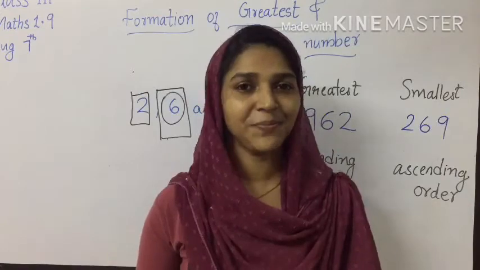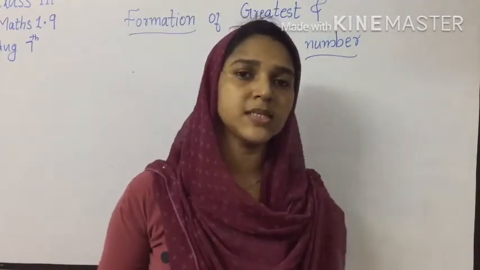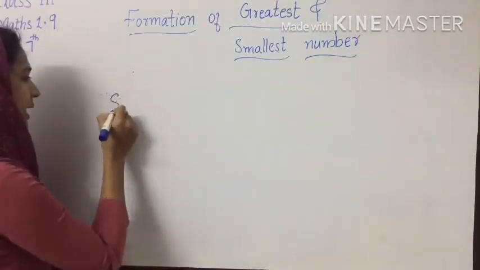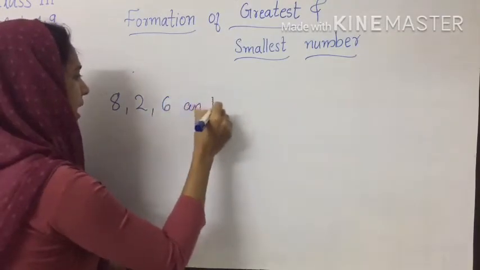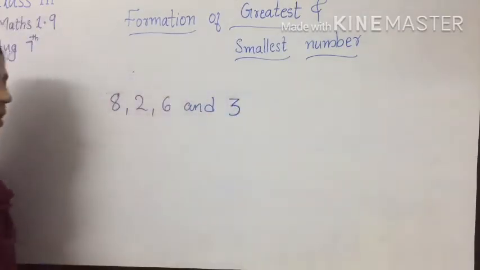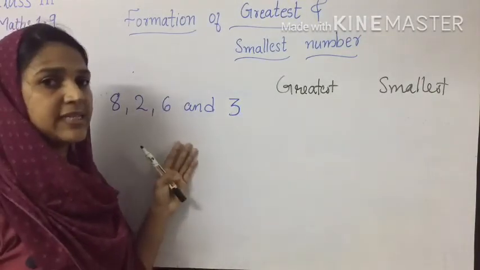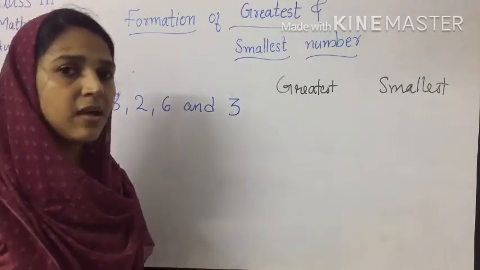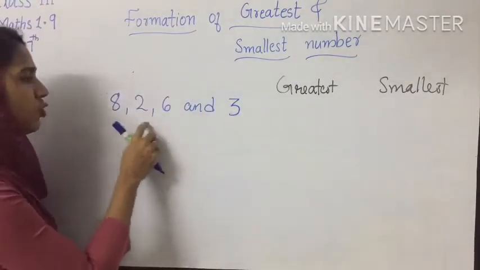Isn't that easy? Okay. Now we are going to check this with 4-digit numbers. I am giving you 8, 2, 6 and 3. To form the greatest number, arrange the given digits in descending order. Descending order means greatest to smallest. Which one is the greatest? 8, 2, 6, 3.